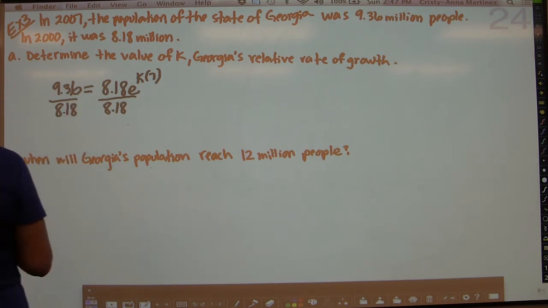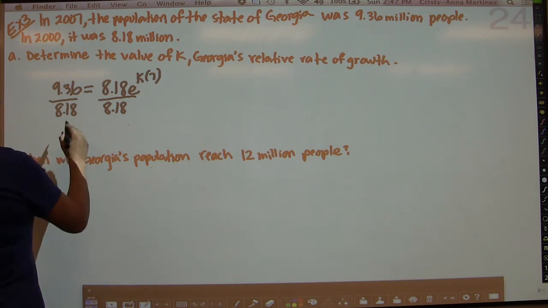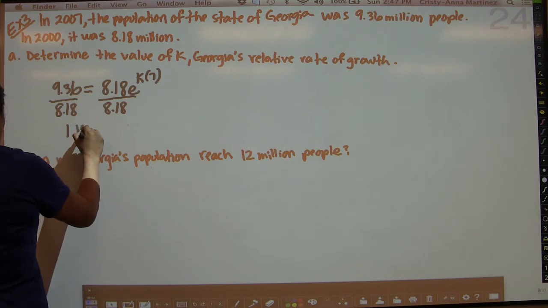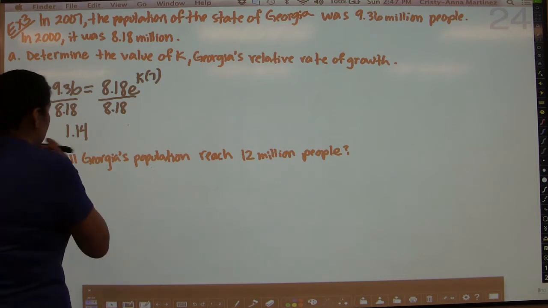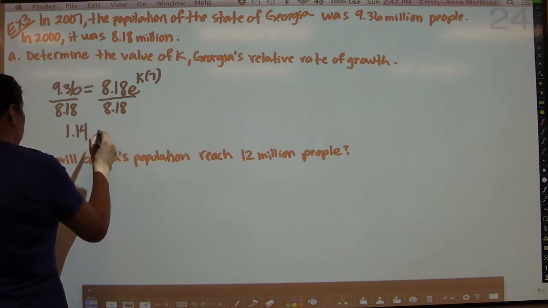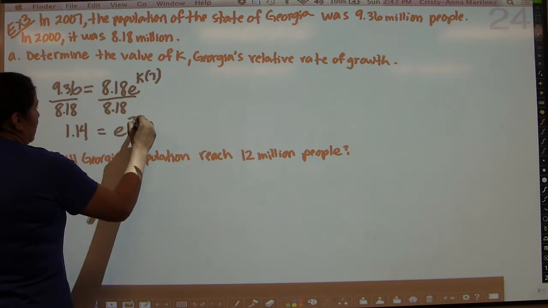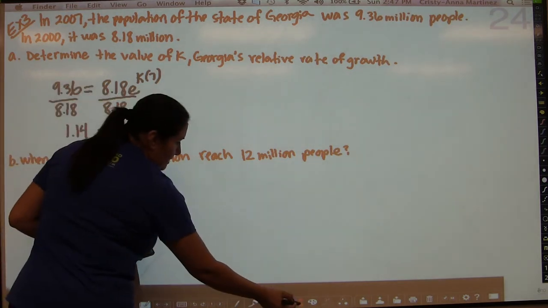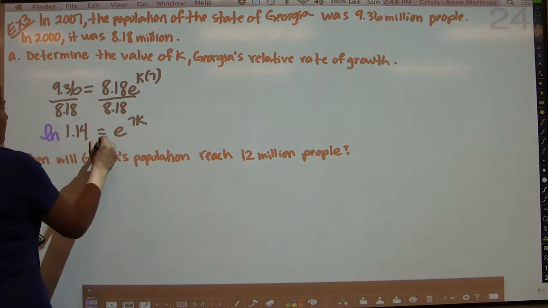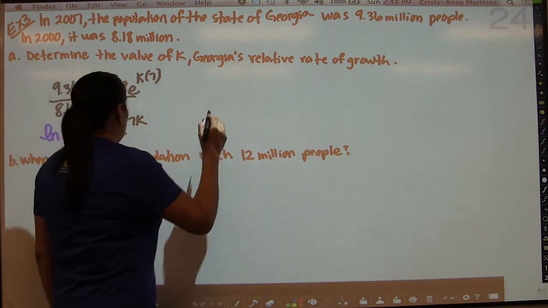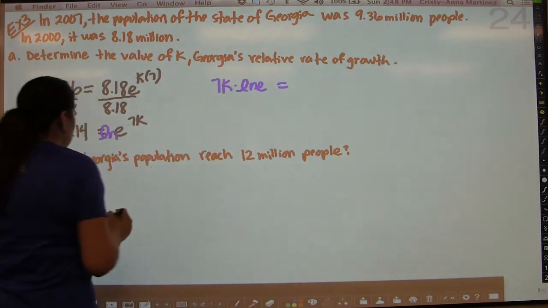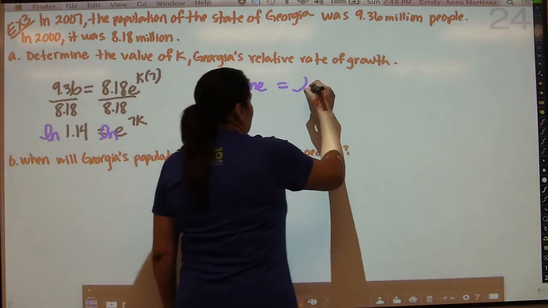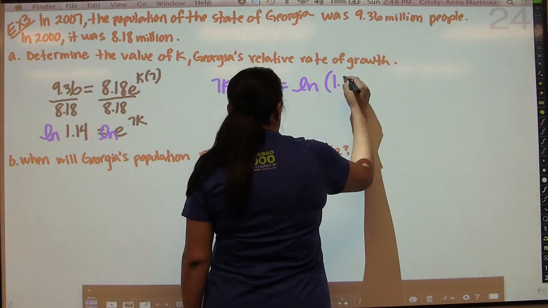And 9.36 divided by 8.18 is approximately 1.14, equal to e to the 7k. So then we take the log of both sides, ln, and what's going to happen is you're going to get 7k times ln e, and then ln of 1.14.